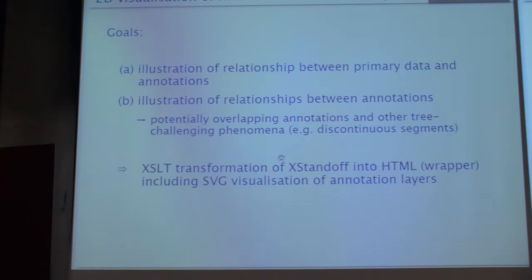So the first step was to think about a 2D visualization of multidimensional markup. The main goals were, first of all, an illustration of the relationship between primary data and annotations, and secondly, an illustration of the relationships between the annotations. This was also looking at potentially overlapping annotations and other challenging phenomena. But there's some lack in this visualization method, which will be tackled later on in another approach.